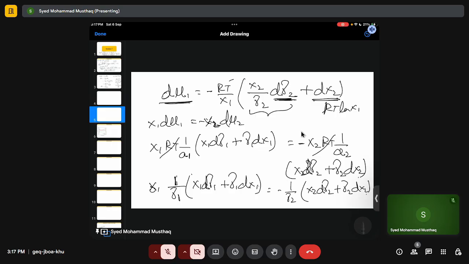Please bear with me, this will be very important, because whenever you try to find the chemical potential of a nanoparticle that has 2 phases, how do you find the chemical potential of that phase? How will the chemical potential change?